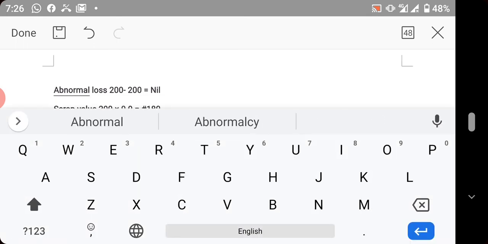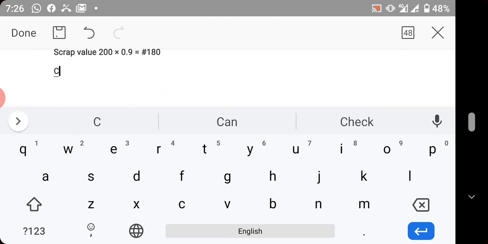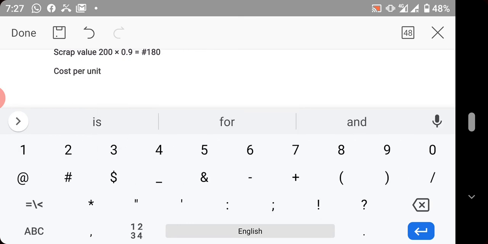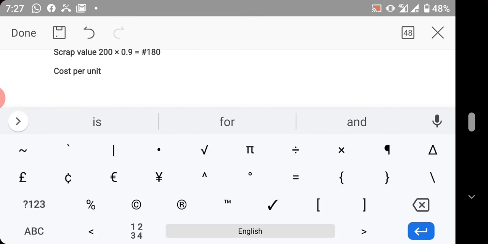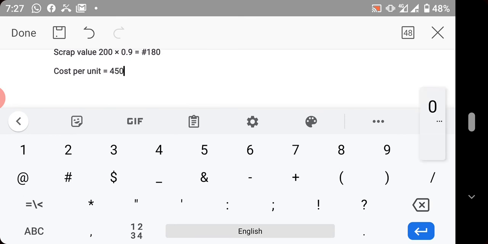Cost per unit will now be equal to 4500 minus 180 divided by 1800.